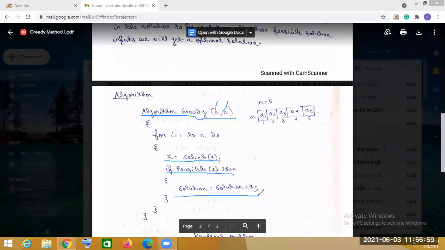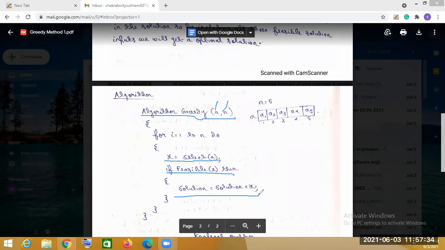Now, it may happen that a problem can follow the greedy approach, and the strategies we use for optimization problems may be greedy method, dynamic programming, and branch and bound. There are some algorithms which follow only the greedy method, or only the dynamic programming approach, and some that can follow all of these strategies.